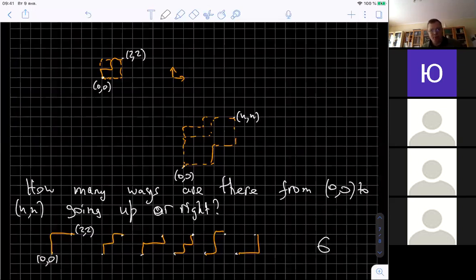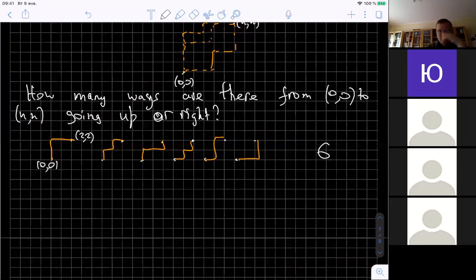Can someone give me a formula for n, n? Or for all possible routes from 0, 0 to n, n.